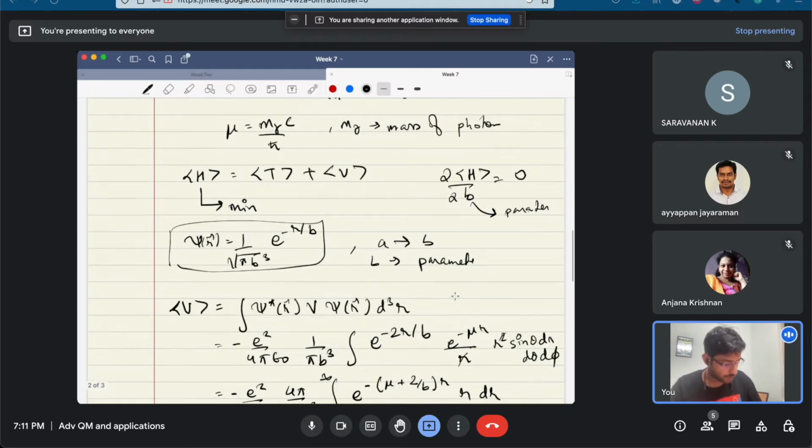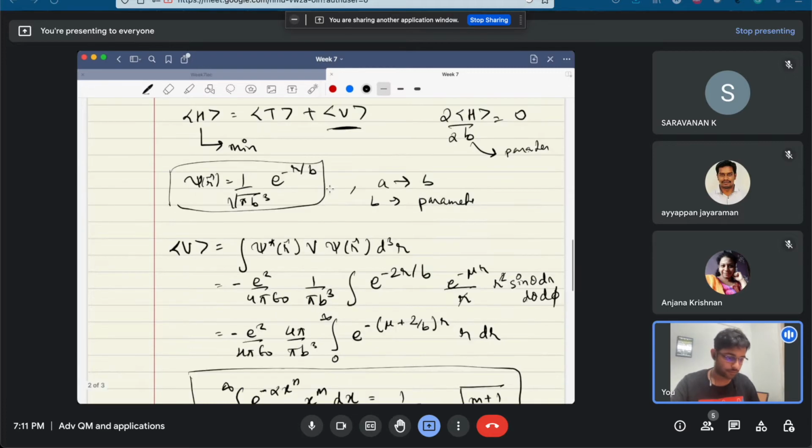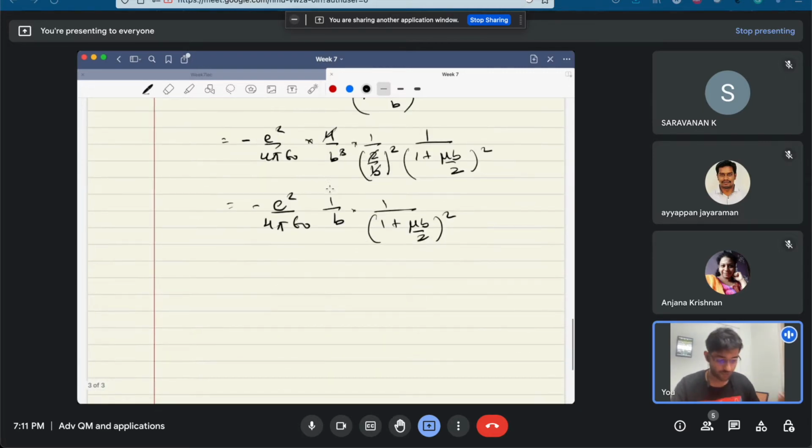Now for the kinetic term, there are some tricks. In some of the previous chapters you might have done the virial theorem, in which you find out that your kinetic term is En, and this is also minus En.